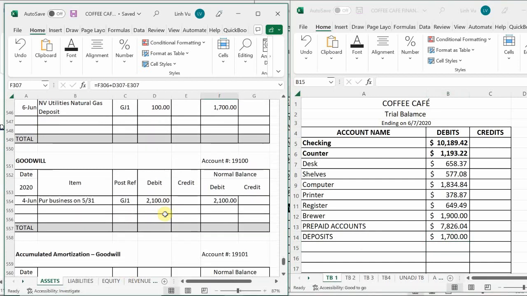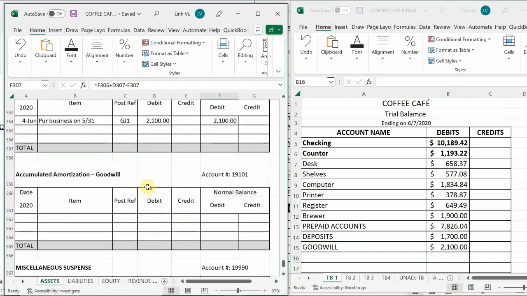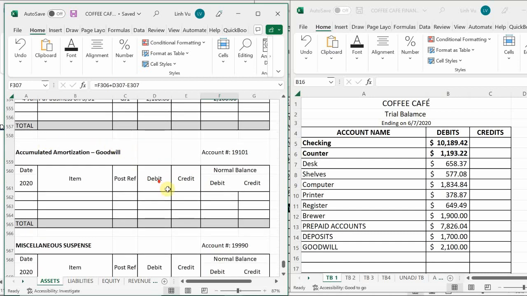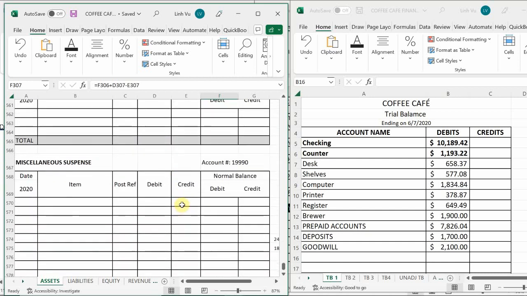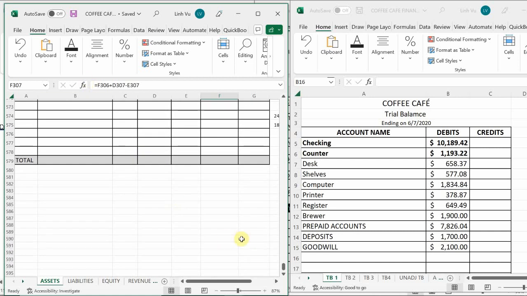Okay. Then you have goodwill for $2,100. Okay. And then accumulated amortization, goodwill, nothing there yet. And then miscellaneous suspense for there. So that is all of my assets.